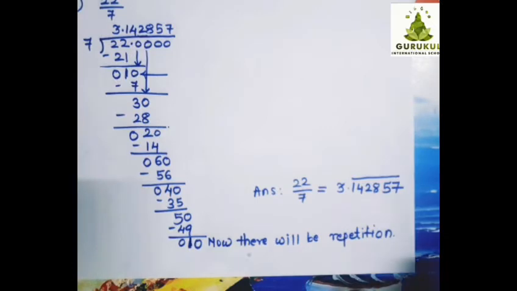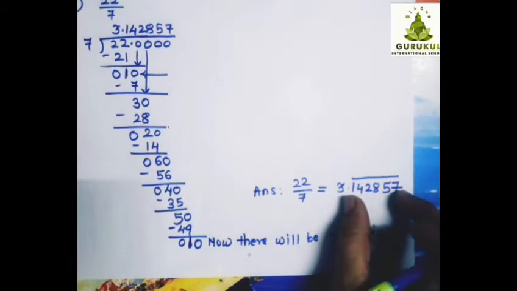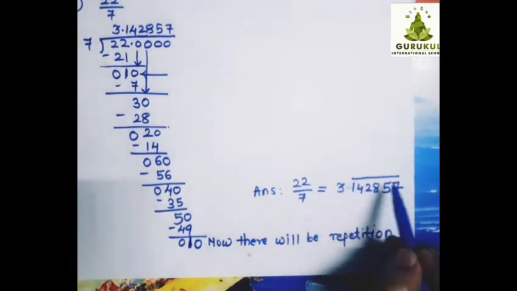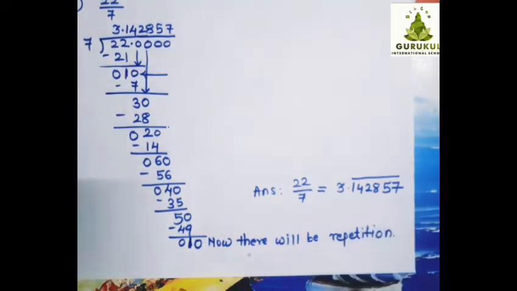You can continue this sum infinitely, the same group of numbers will get repeated, and that is why we have put one line above these numbers. So this was a different type of division of a rational number, converting rational numbers into decimal form. Now let's go for the next problem.